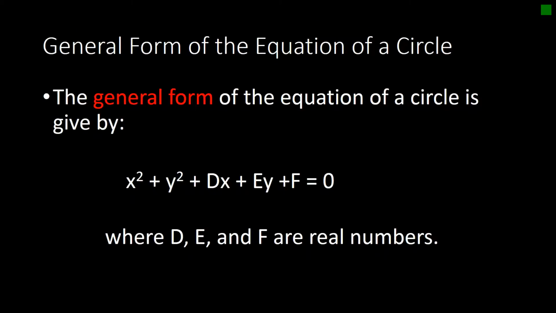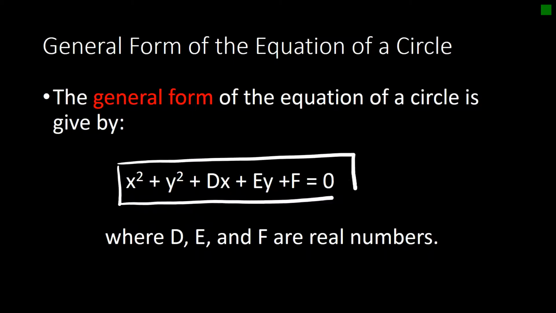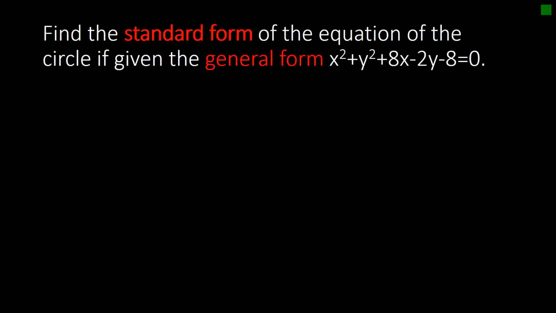So the general form for the equation of a circle is given by x² + y² + dx + ey + f = 0, where d, e, and f are real numbers. So we talked about standard form.